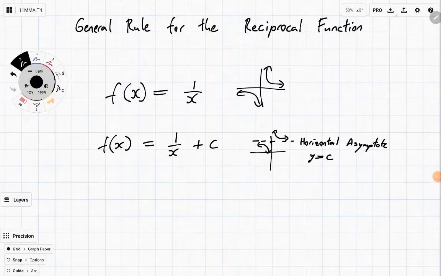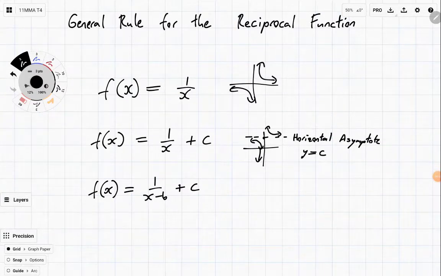But because of that, it's also moved the asymptotes. Alternatively, we could then also move it left and right using our translations. With that, we could basically move the intersection of the two asymptotes wherever we wanted, and we could end up with a picture that looks something like this.